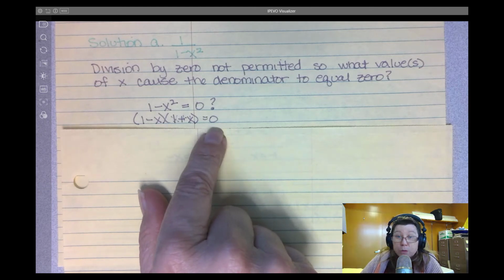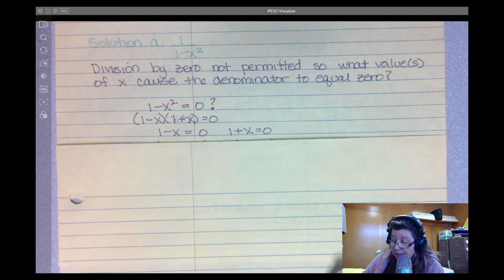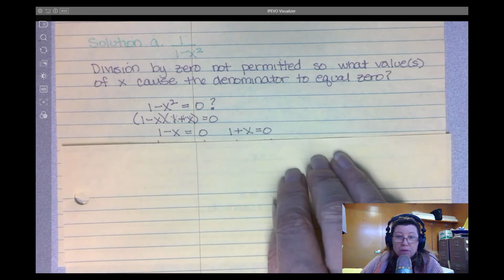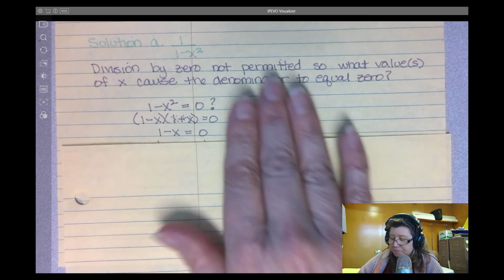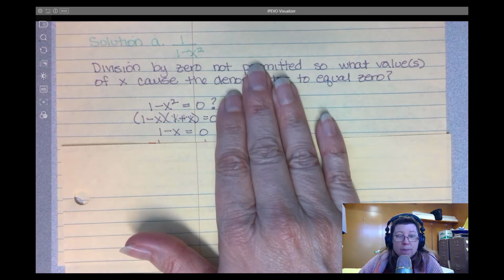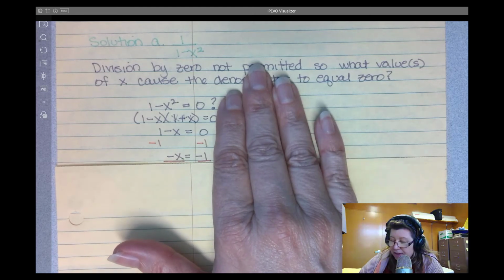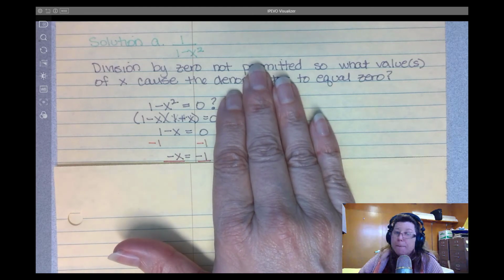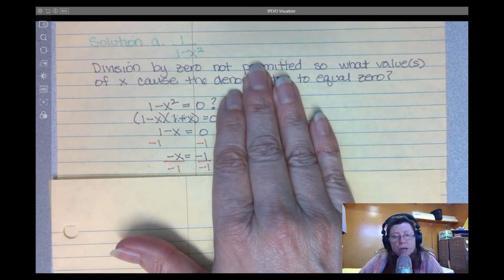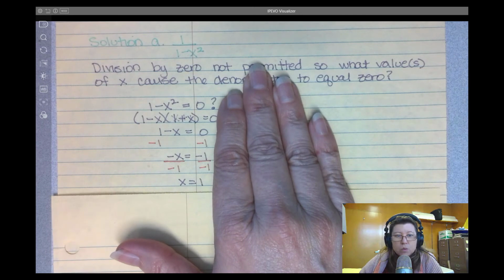Using my zero factor property, I'm going to break these apart, set them each to 0, and solve each one independently. Looking at 1 minus x, I'm going to subtract 1 from each side, and I get negative x equals negative 1. But I don't want that negative in front of the x, so I need to divide by negative 1. When I divide by negative 1, that cancels out the negative, and I get x equals 1.